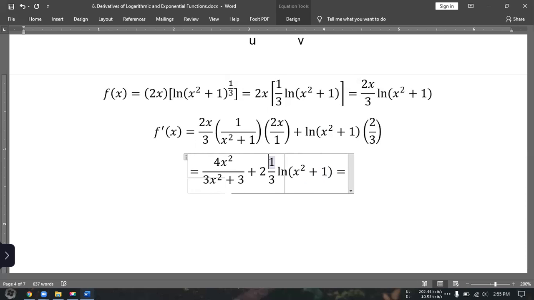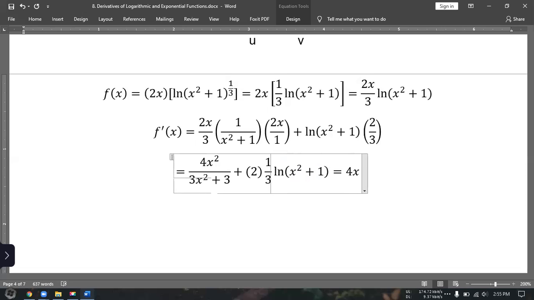2 times 1/3. We have 2 times 1/3. Then by properties of logarithm, 1/3 is actually the exponent of our logarithm.